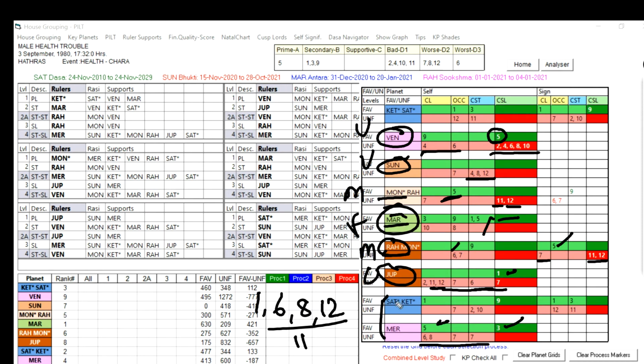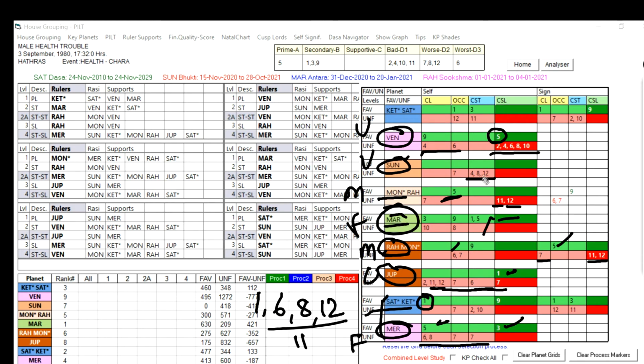So Mars, Saturn and Mercury, but Saturn we cannot take as completely favorable because the role of Lagna is present. When Saturn is in the star of a planet which is an unfavorable key planet, Lagna will experience those planets. So we cannot take Saturn as completely favorable. Mercury, because of 5 and 3, we can take on the favorable side, and Mars can be on the favorable side.